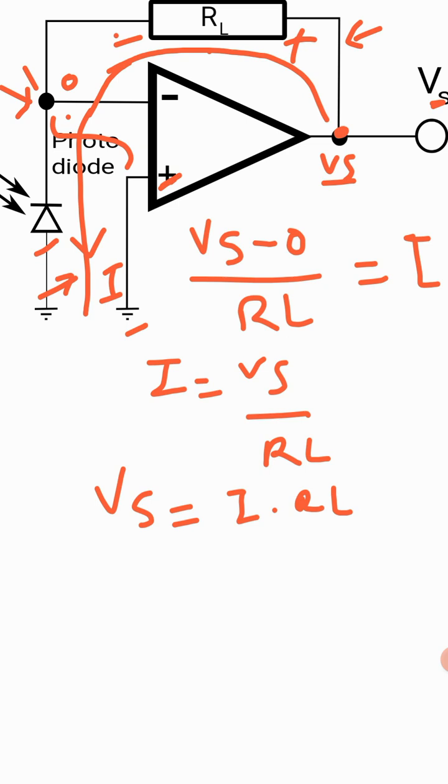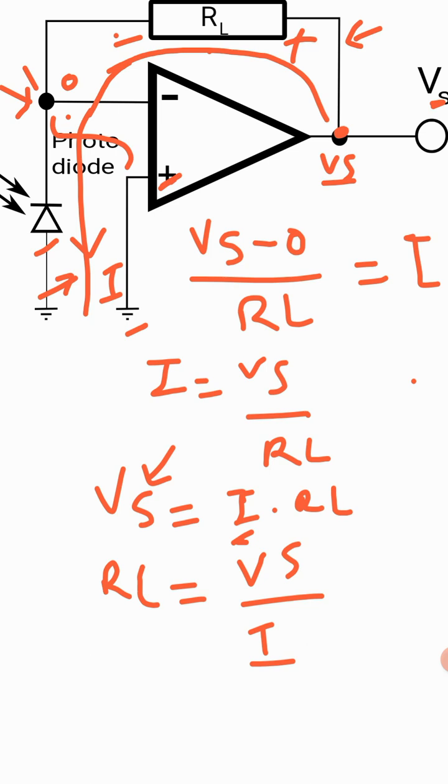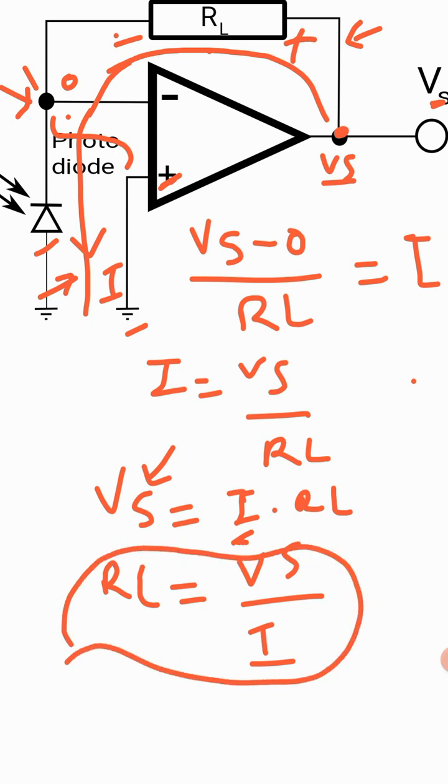So we see that the input current, which is the current flowing through the diode due to the light falling on it, gets converted into an output voltage, and the gain of the circuit is the resistance, which is Vs over I. So this is how the gain of the circuit can be set through the resistor value R. The amplifier has a gain indicated by A, the open loop gain, but we use negative feedback through the resistor RL.